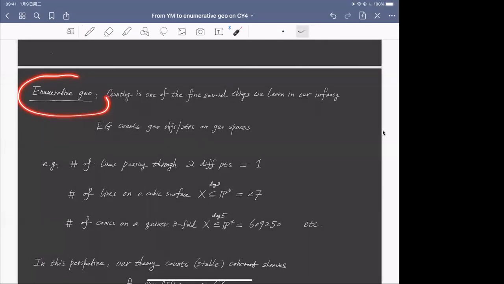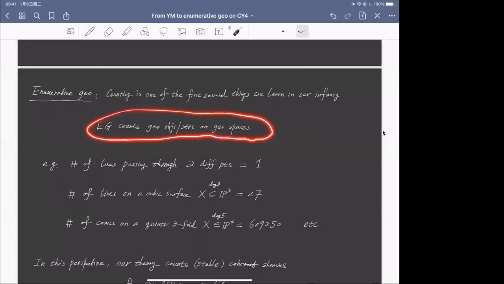But let me do it very quickly now. Enumerative geometry is quite natural because counting is one of the first several things we learn in our infancy. Enumerative geometry counts geometric objects or structures on geometric spaces.